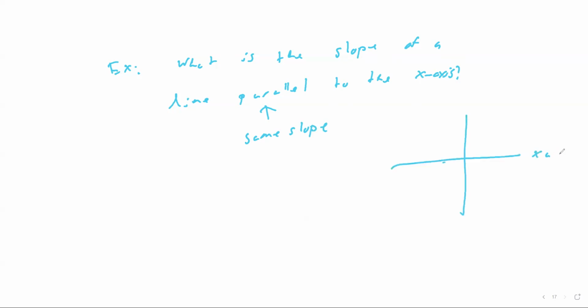This is the x-axis. So if I'm parallel with this guy, this is what we call a horizontal line. That's what an x-axis is, a horizontal line. And if you're parallel with it, it's going to have the same slope as this horizontal line. And horizontal lines have a slope of 0. So if it's parallel to the x-axis, it has a slope of 0.